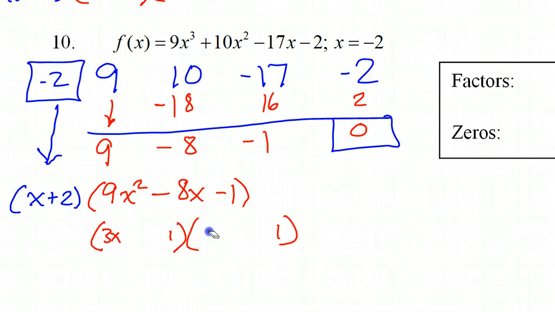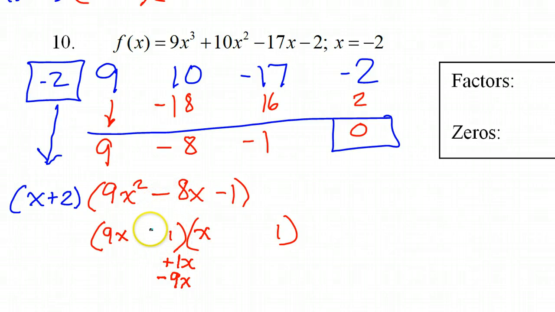So how about new? Well, if 3 and 3 didn't work, that means it must be 9 and 1. Like 9x times x could be 9x squared. Well, let's see. Inner, now I have 1x. Outer, I now have 9x. I'm trying to get negative 8 middle. So if this is a negative 9 and a positive 1, that will make negative 8.